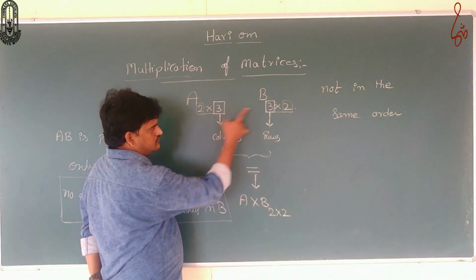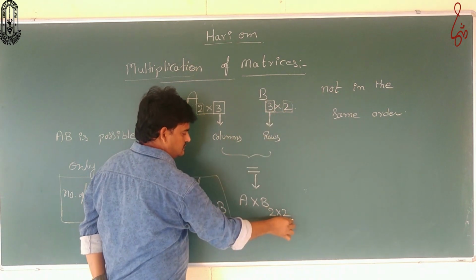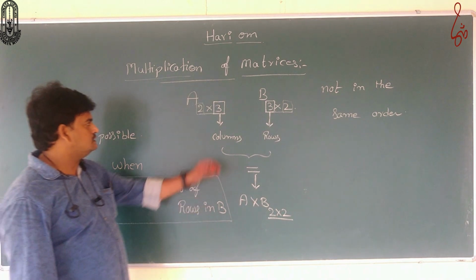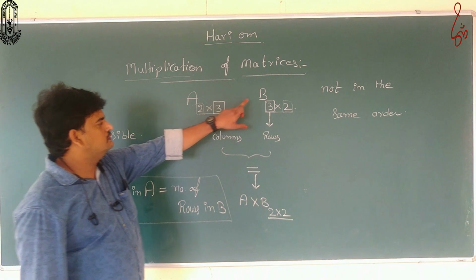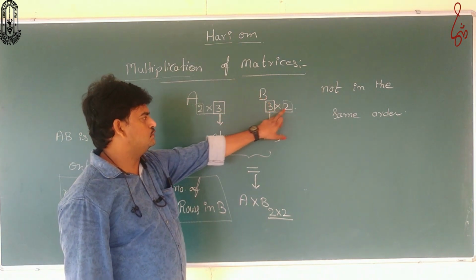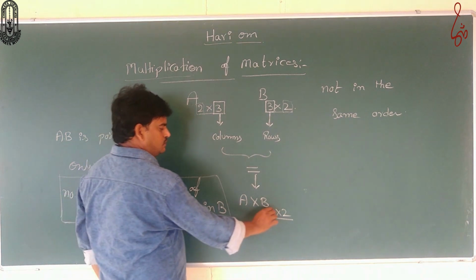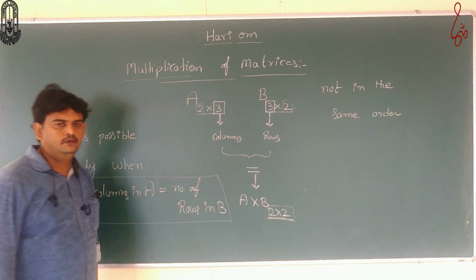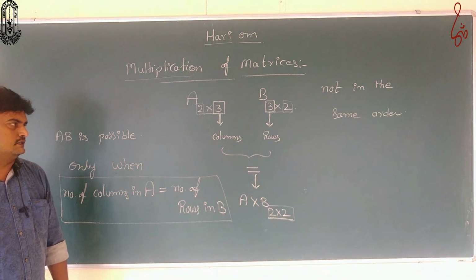The number of rows and number of columns, 2 by 2, gives us our resultant matrix order. Matrix A is having 2 rows and 3 columns, matrix B is having 3 rows and 2 columns, but finally the product gives us a square matrix with 2 rows and 2 columns. That is the condition for us to find the product of two matrices.